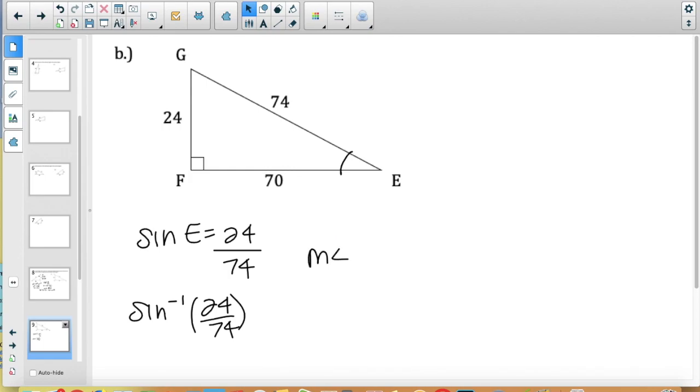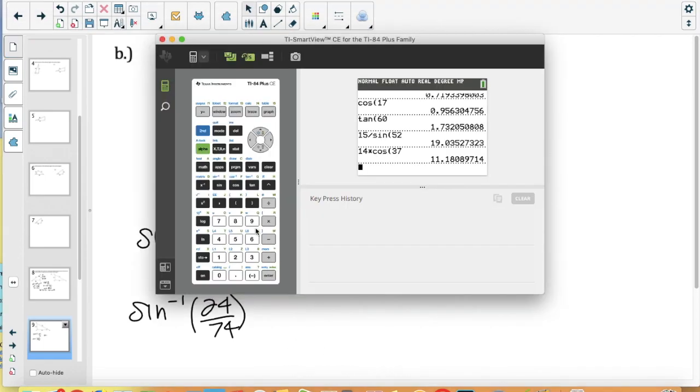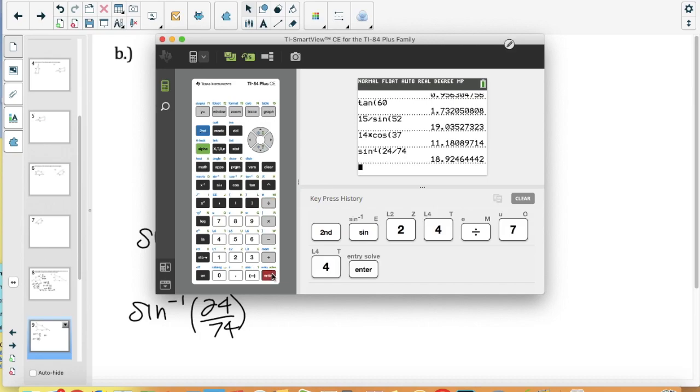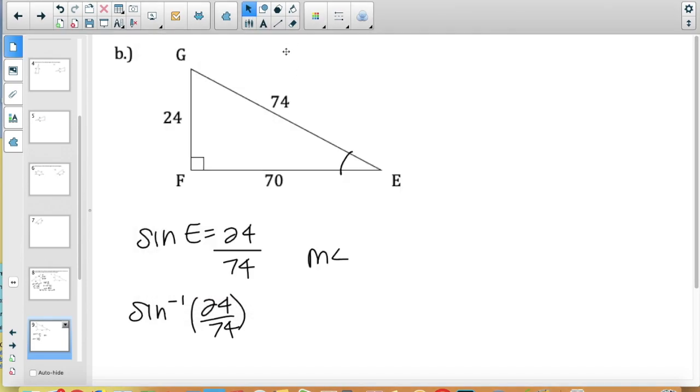So sine inverse of 24 divided by 74 is 18.92, and that would round to 19 degrees. So the measure of angle E would round to 19 degrees.